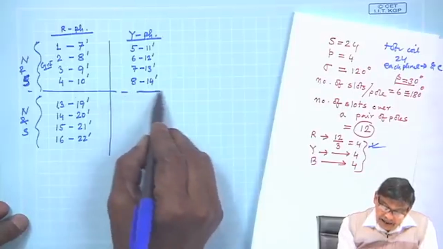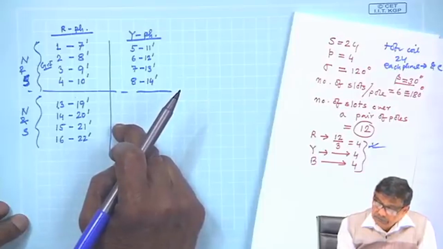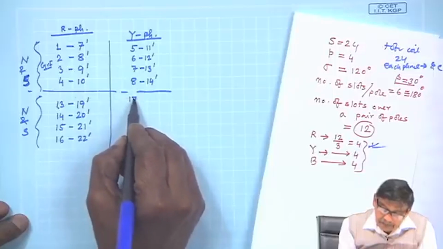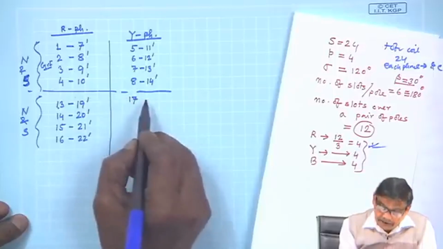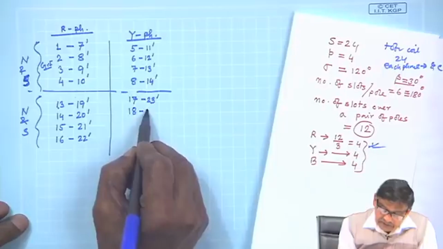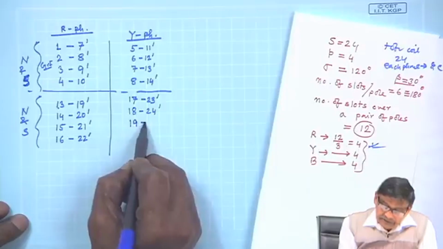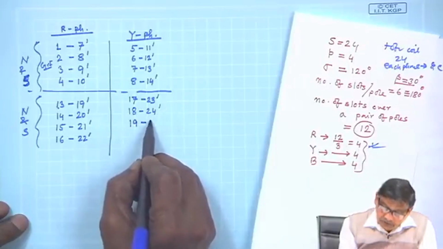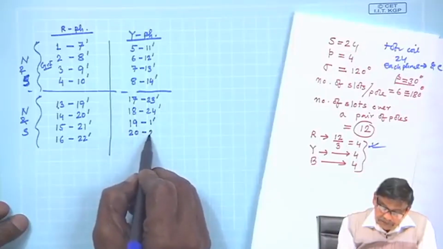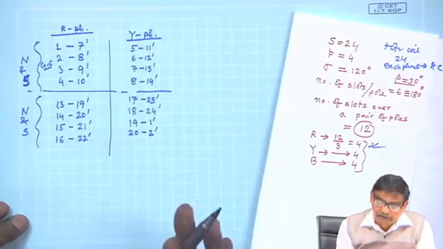And then after 2 poles, you add 12 to 5 to get 17, and then plus 6 the coil span, 17, 23 dashed, 18, 24 dashed, 19, 25 dashed, so 1 dashed, 20, 2 dashed. 1, 2, 3, 4, 5, 6, 7, 8, all 8 coils are over.